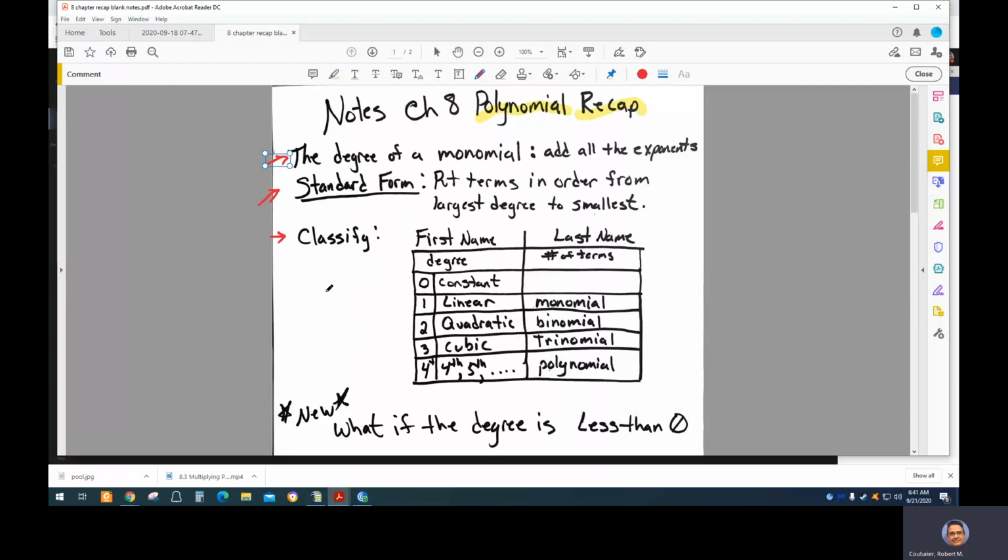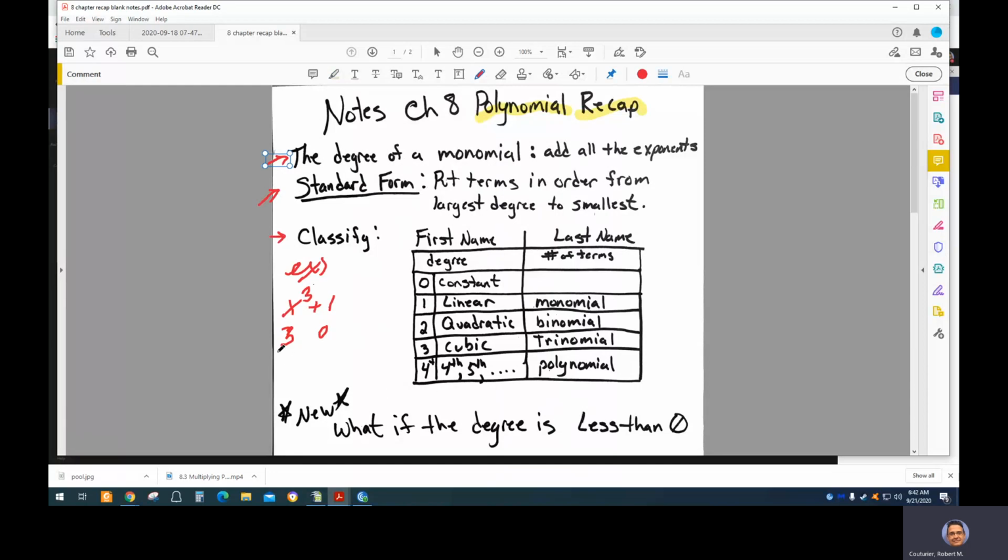So let's say we're given, for example, I'm just pulling numbers out of my head, x to the 3rd power plus 1. Notice the degree of the first term is 3 and the degree of the last term is 0. Degree-wise, that's how we choose the first name.